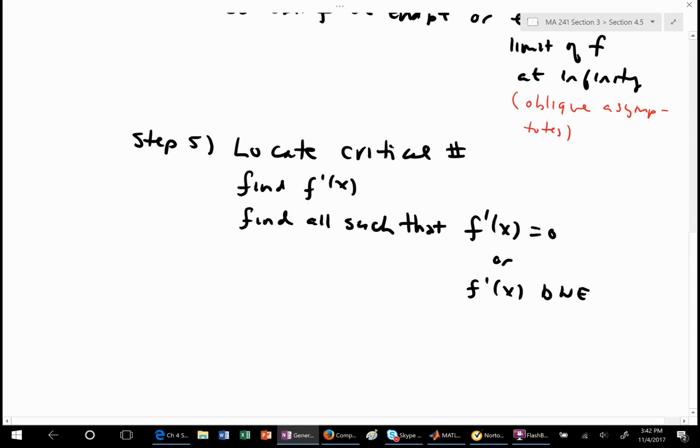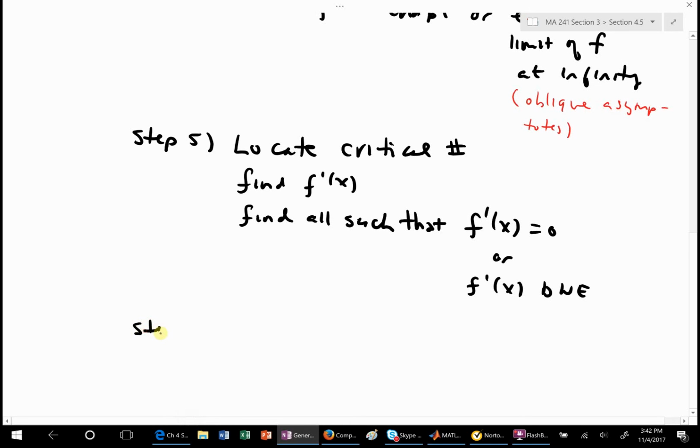Once I locate the critical numbers, I want to figure out the nature of the critical number. So I know a critical number can be one of three things. It can be a max, it can be a min, or it can be a point of inflection. There's only 3 possibilities, right? So the next part is I want to figure out the nature of each critical number.